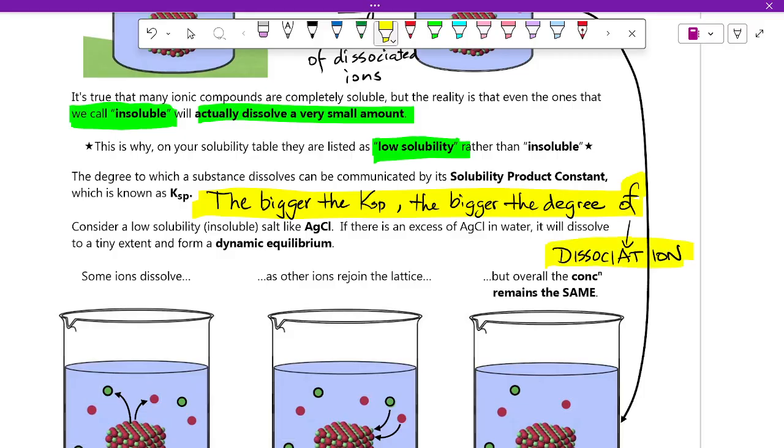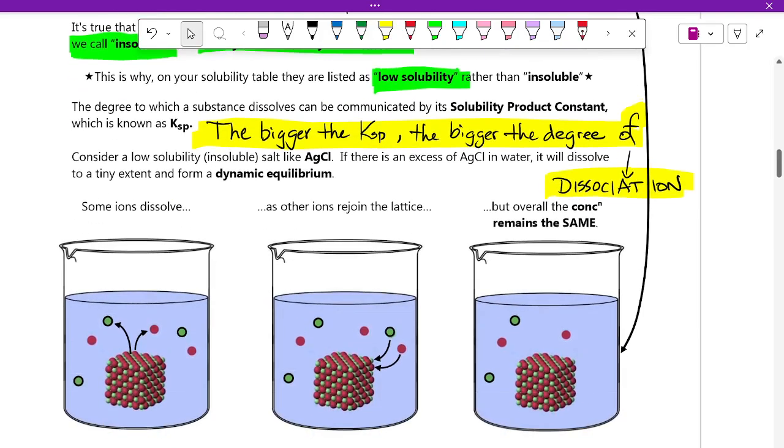So if we consider a low solubility salt like silver chloride, AgCl solid, if we put it in there and we stir it around, a very few ions dissolve.